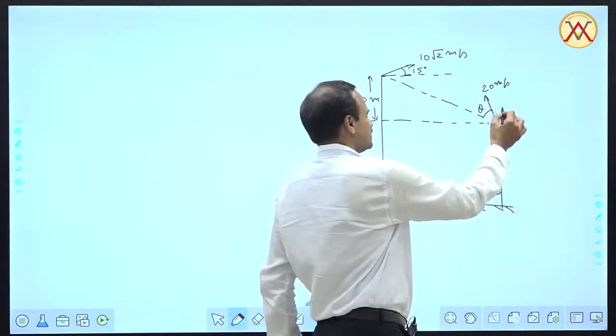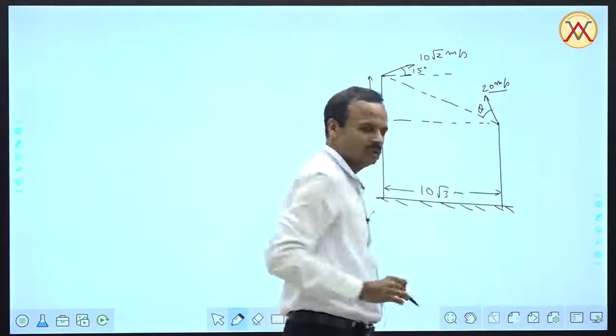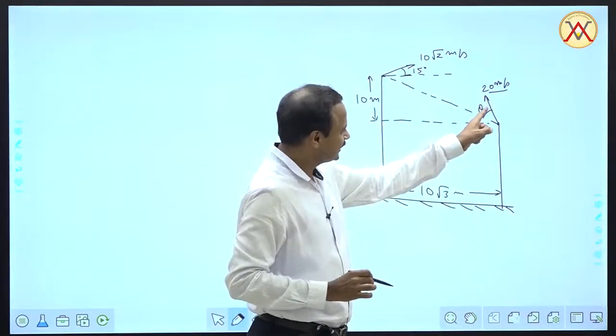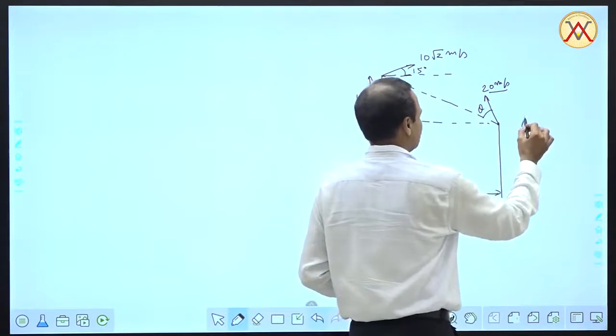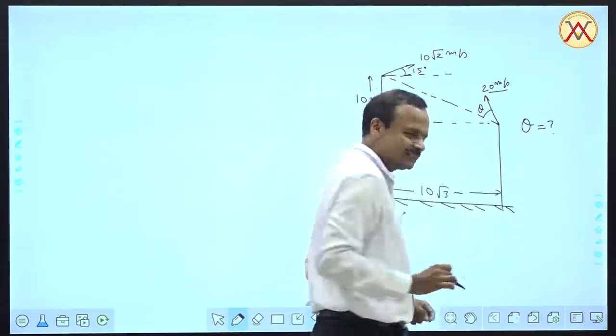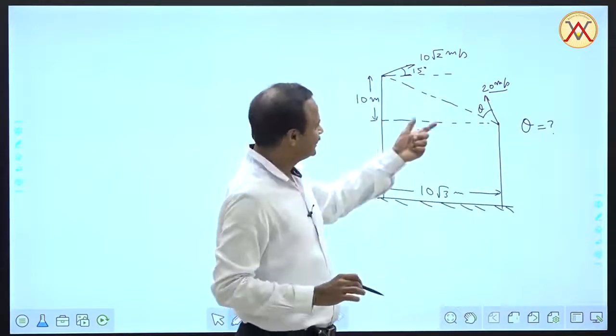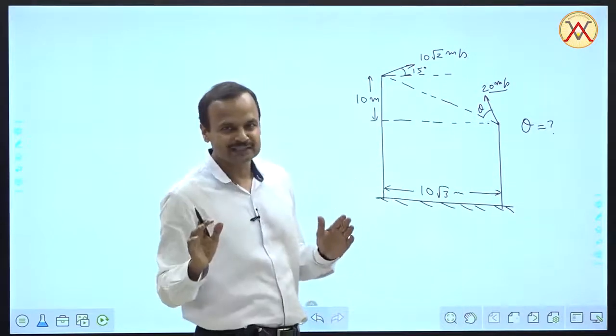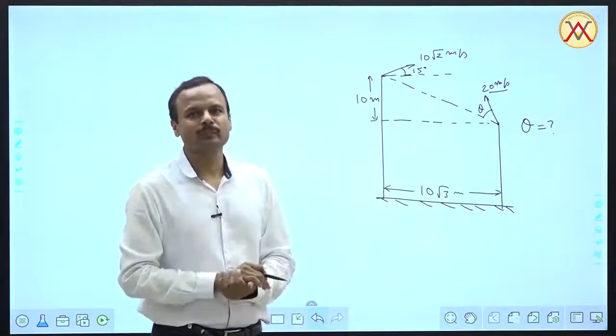For the second projectile, magnitude of velocity is known, it is 20 meter per second, but the angle is not known. We have to find the value of theta such that the two projectiles, after being launched simultaneously, collide in mid-air.